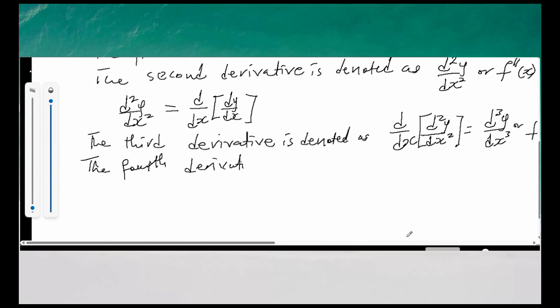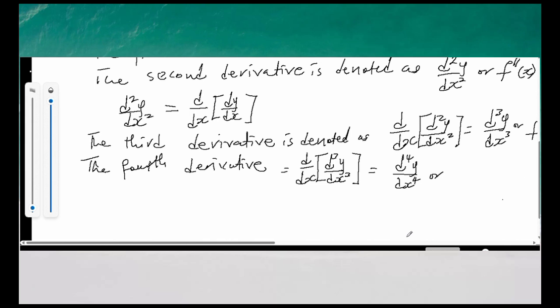The fourth derivative is going to be denoted as what? d/dx of the third, which is d cubed y over dx cubed. And this is going to give us d to the power 4 y over dx to the power 4.